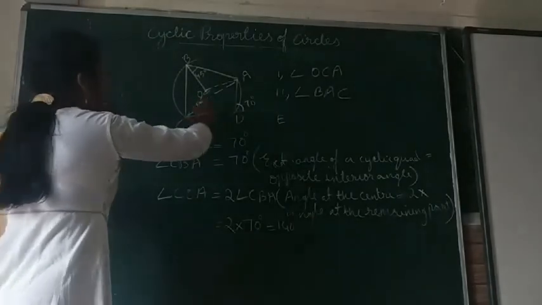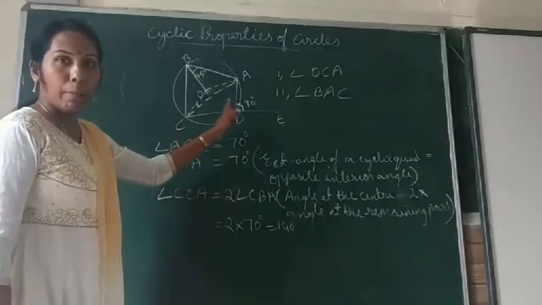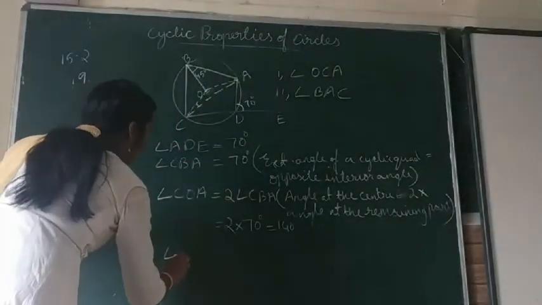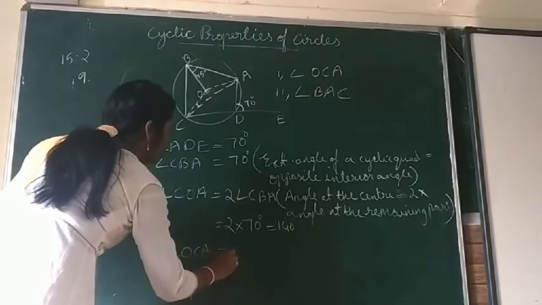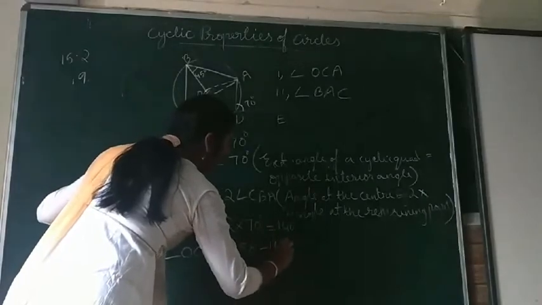We can find out the base angles and the required angle OCA is one of the base angles of this isosceles triangle. So angle OCA is equal to 180 minus 140 by 2.